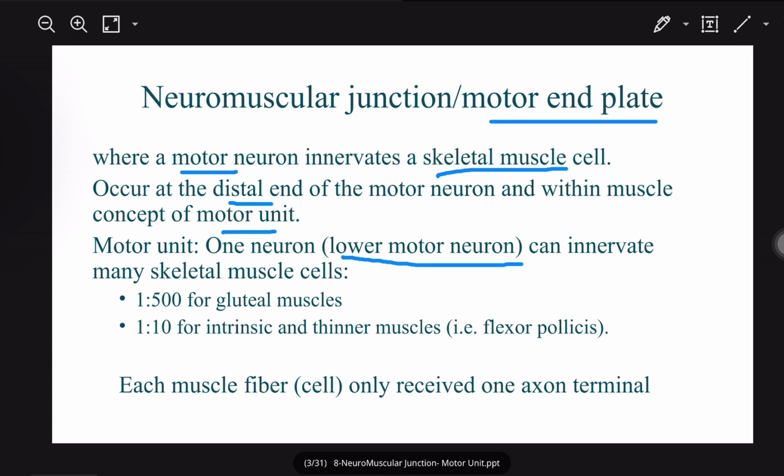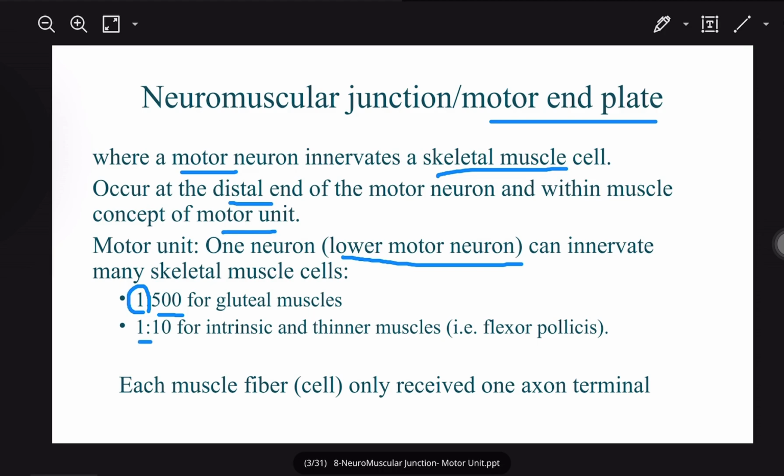What actually happens is that one neuron can interface with, or invade, or connect to, let's say, multiple muscle cells. For example, one motor neuron can connect to 500 cells of the gluteal muscle, remember, the one in the leg.